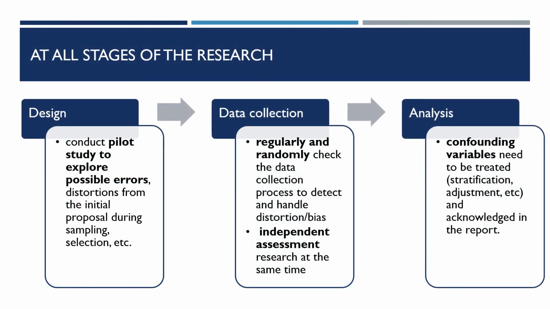At all stages of the research, we should try our best to protect the validity and reliability of our measurement to make sure that we can measure what we want to measure. In the study design phase, before fully implementing our research, we should conduct a pilot study to explore possible errors and distortion from the initial proposal during sampling or selection or data collection, etc. In the data collection phase, we should regularly and randomly check the data collection process to detect and handle any distortion or bias from the proposal.